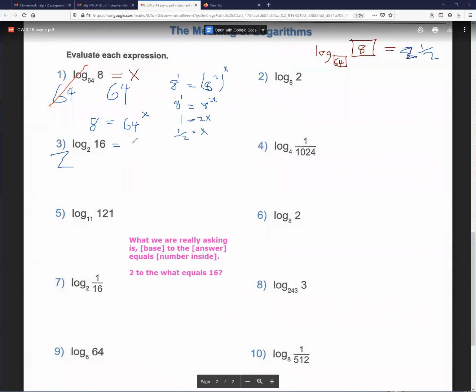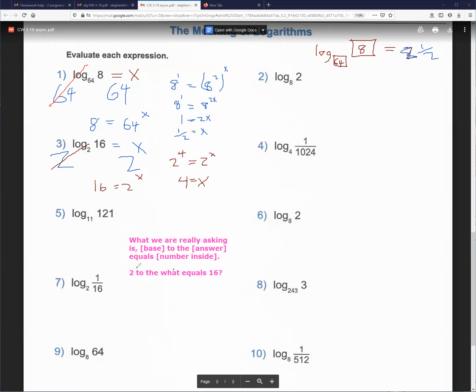Or whoops, I need to write the other side first. 2 to the. So we don't know what it is, but we're going to cancel. And now we have 16 equals 2 to the x. And now we will make the bases match. 2 to the x is equal to 2 to the fourth, and therefore x equals 4.